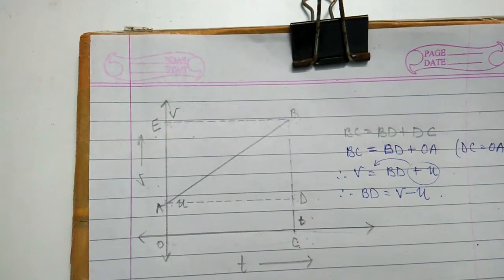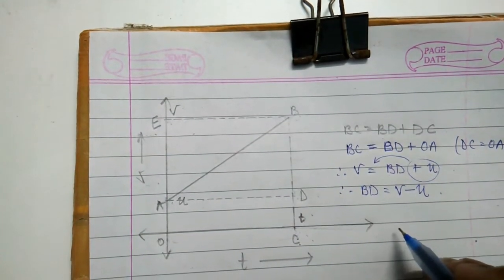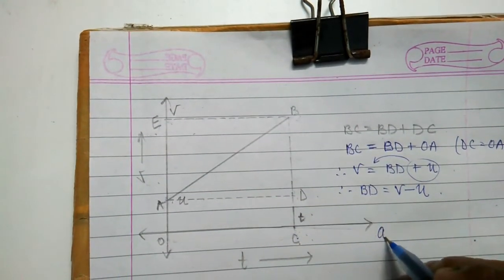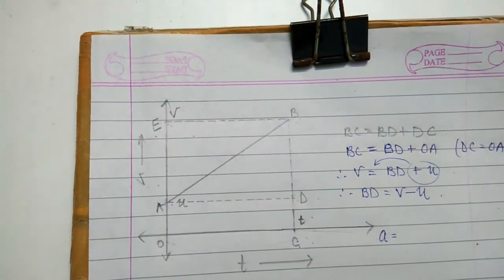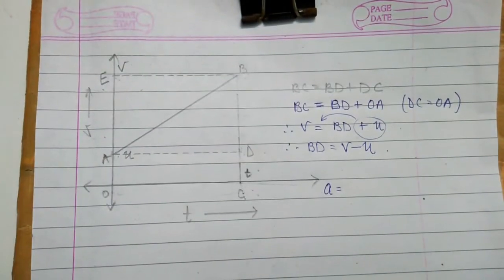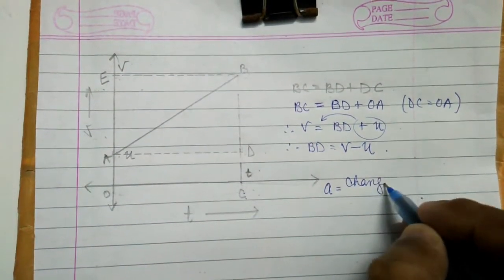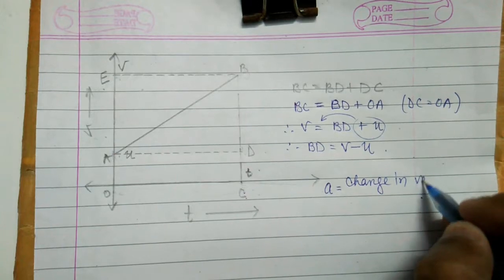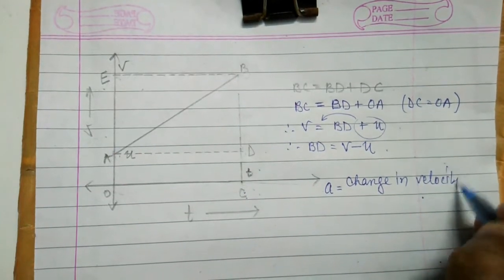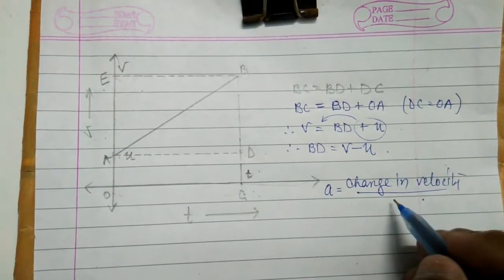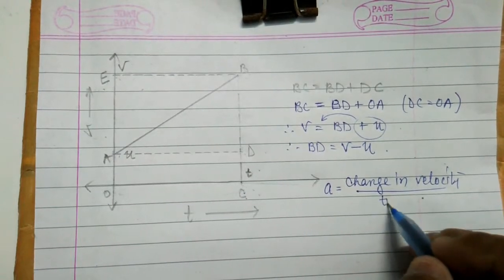Now acceleration. We can write the formula of acceleration. Acceleration is equal to change in velocity upon time taken, time interval.